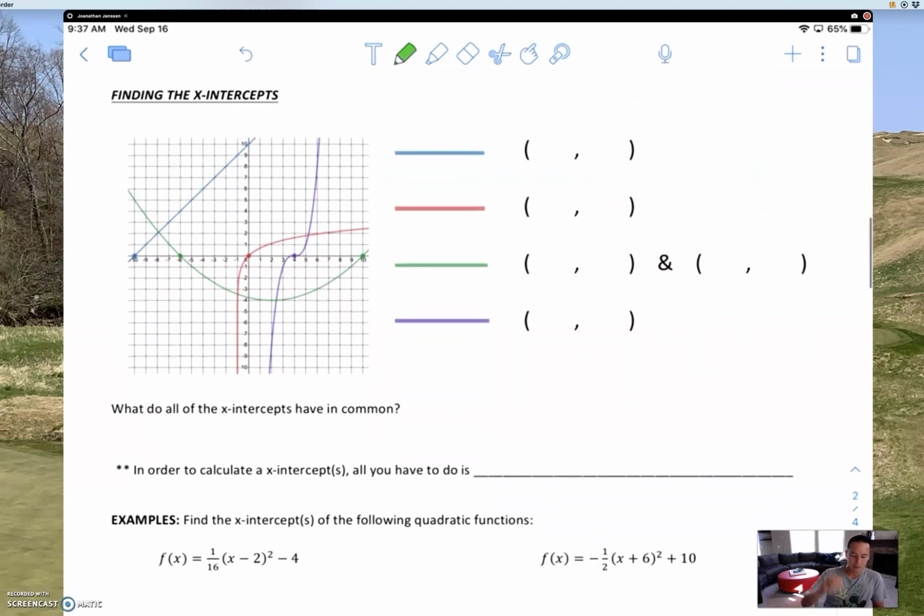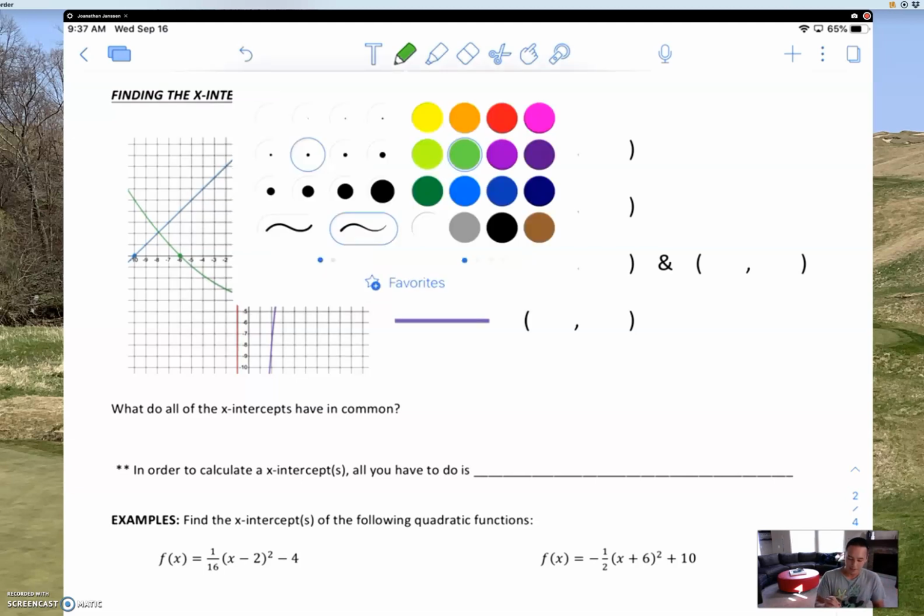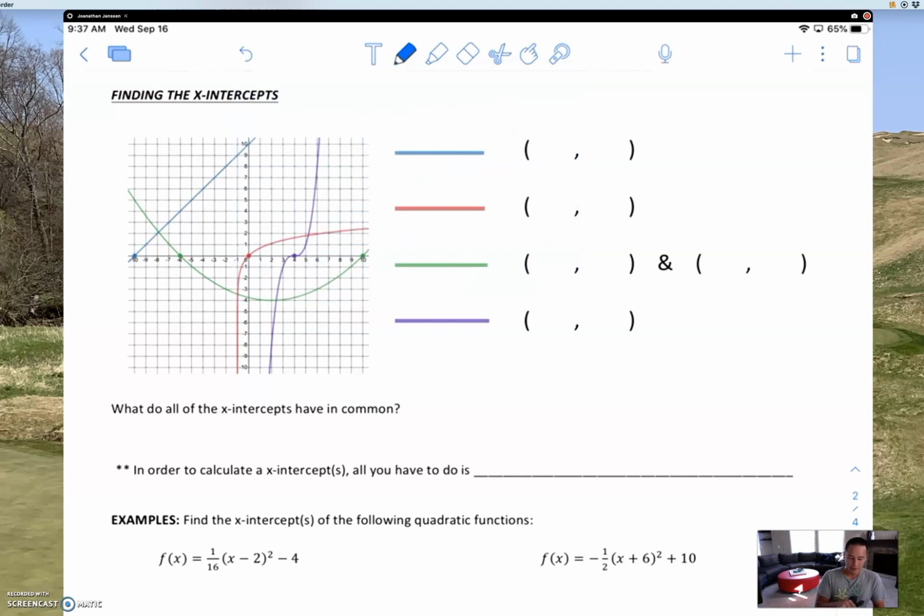Now we're going to move on to the X-intercepts. The concept is basically the exact same thing. Let's look at the blue graph first. If we write the coordinates of the point right down here, that coordinate would be (-10, 0).